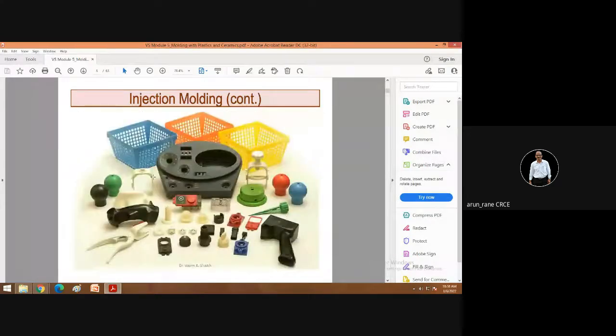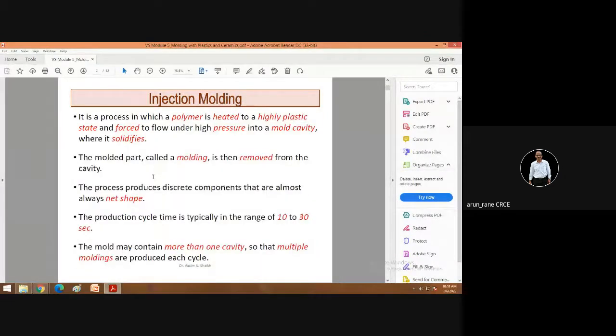Now there are different processes like injection molding, blow molding, transfer molding, compression molding, vertical molding. Out of which injection molding is very common and popular, and you will see it in your day-to-day life. Every 5 minutes you walk, you will see injection molding machines and CNC machines.